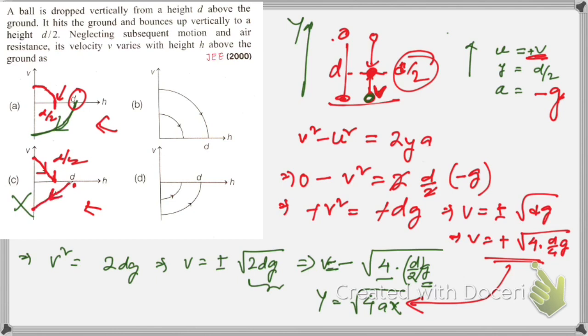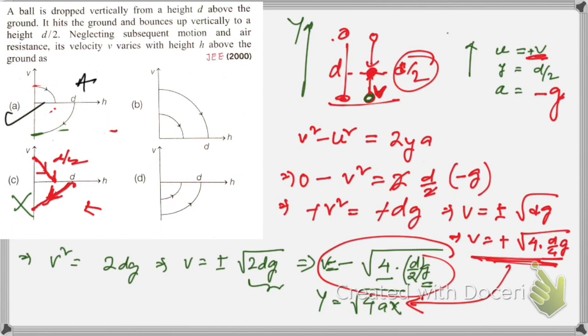It seems to be the same situation, but here the graphs are straight lines, while according to our equations, these equations represent a parabola, so that's why we have to take this option. Okay, first option. So answer A is correct.